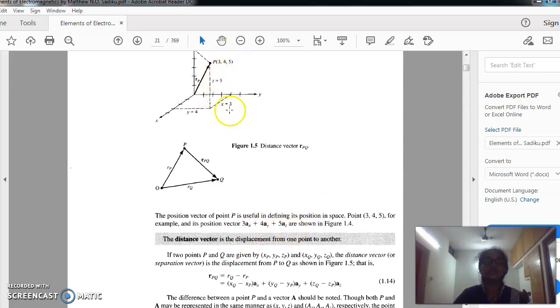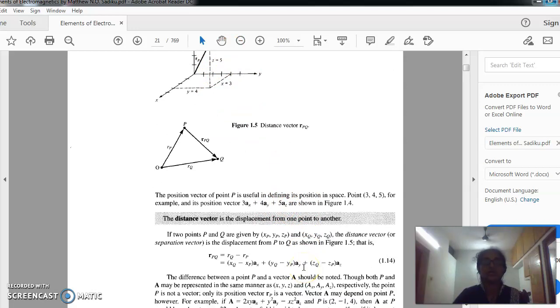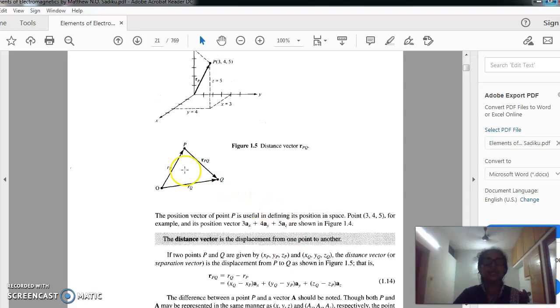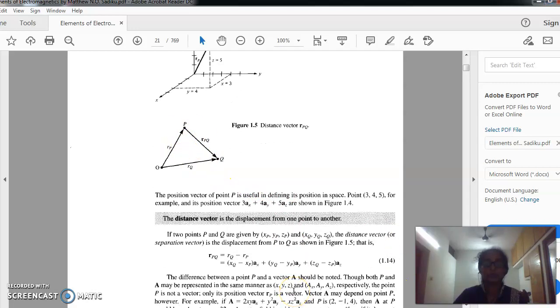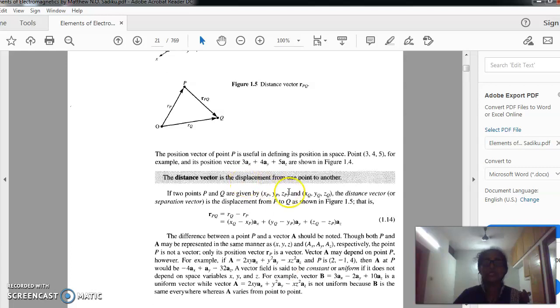That is shown here. Now, suppose we have 2 points, P and Q. See, P and Q, that is shown here, P here, Q here. P is represented as xP, yP, zP. Q is represented as xQ, yQ, zQ. Then, the distance vector is the displacement from one point to another. So, it is nothing but the distance or difference in length between the 2 points.